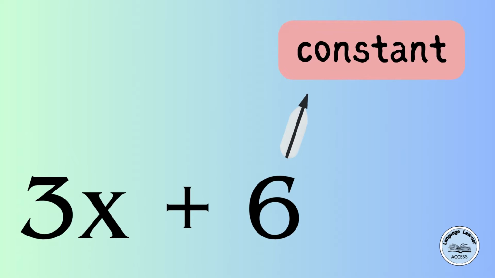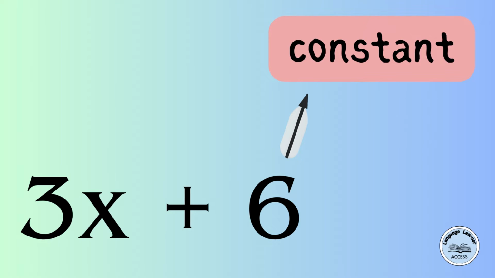In this expression, there's also a term that is a number by itself. That is the number 6, and it is called a constant. A constant is a number without a variable. It's called constant because its value doesn't change.